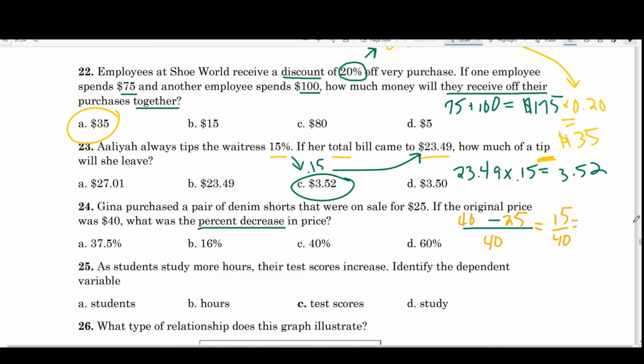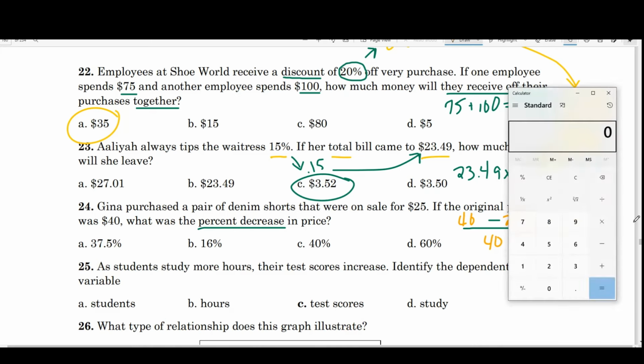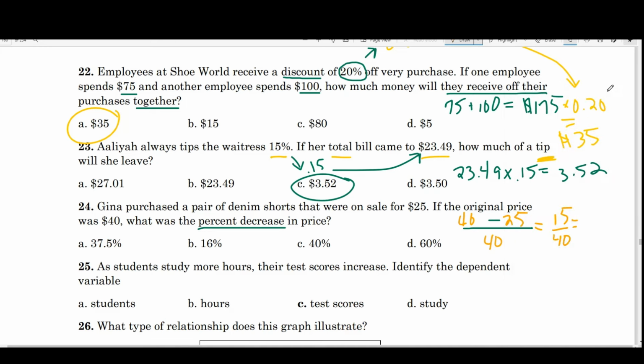So 15 divided by 40 gives us 0.375. And then we need to convert that to a percent. So we move the decimal 2 places to the right. That gives us 37.5.